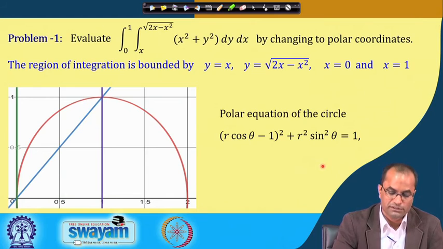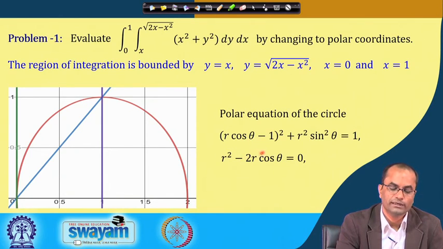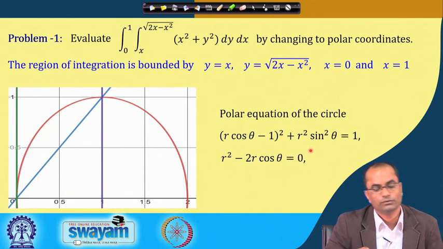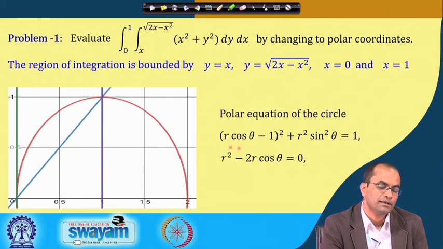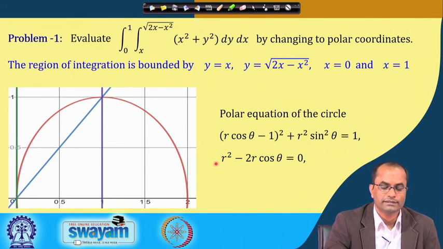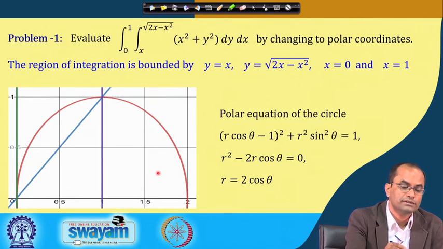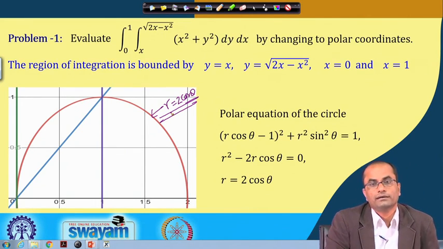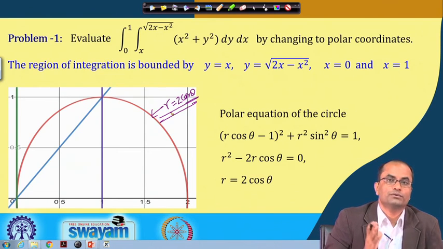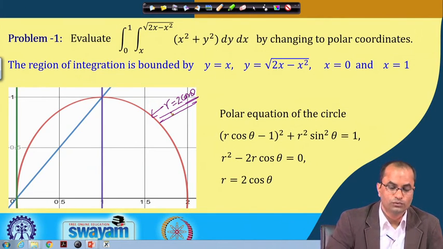From here, if we simplify this, we will get r square minus 2r cos theta is equal to 0, because this 1 will get cancelled, and r square sin square theta and r square cos square theta will give us this r square. So, from here we get r is equal to 2 cos theta. So, here this circle is r is equal to 2 cos theta. So, the limits of r are also clear now: r is going from 0 to 2 cos theta.